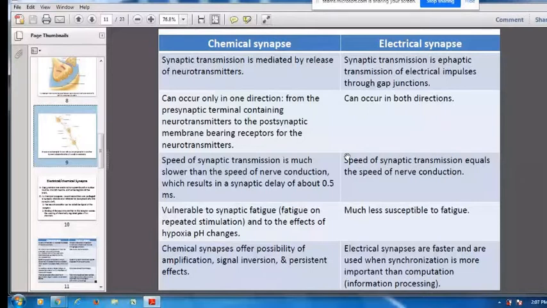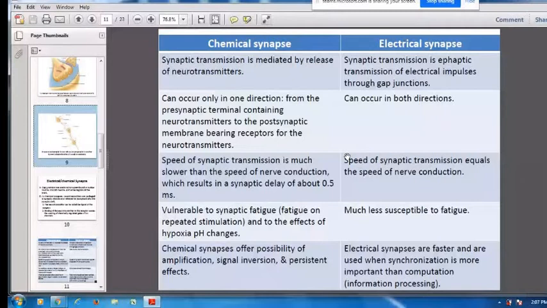Electrical synapse is much less susceptible to fatigue, but chemical synapse is vulnerable to synaptic fatigue. Chemical synapse offers the possibility of amplification, signal inversion, and persistent effects. Electrical synapses are very fast, and they are used when synchronization is more important than computation.